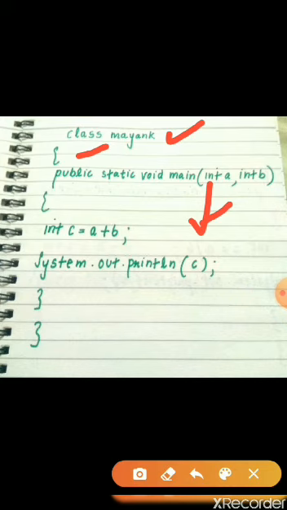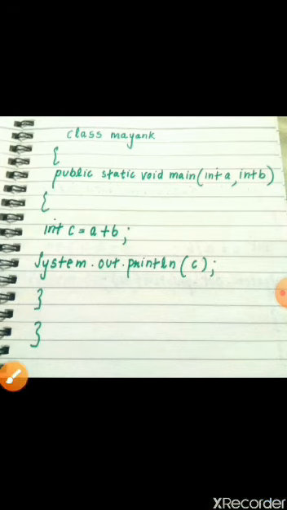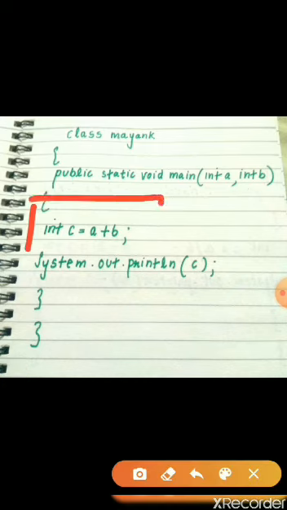Again in the next line I am opening the bracket and in the next line we are writing integer c is equals to a plus b. Now how will this program work?